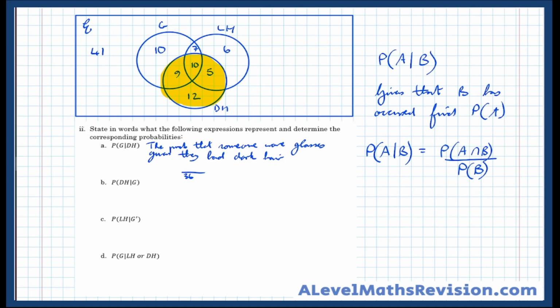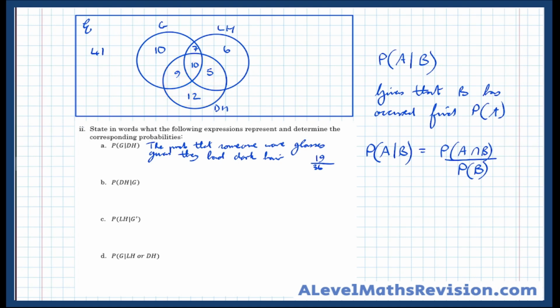It's only numbers, as I said before, in the yellow circle. So it's 19 out of 36, because those are the only ones for people who wore glasses in what I've highlighted so far. So 19 out of 36 is the answer. So I think it's much easier to think of it intuitively. So let's have a look at another one.